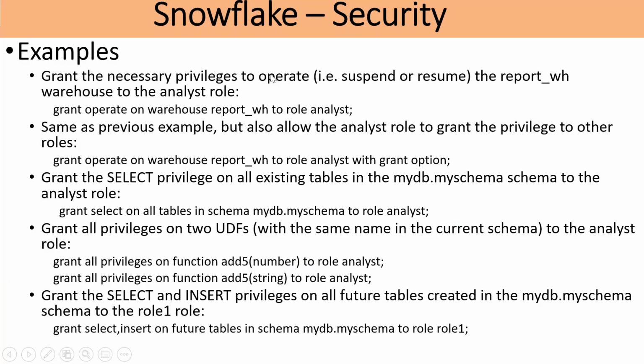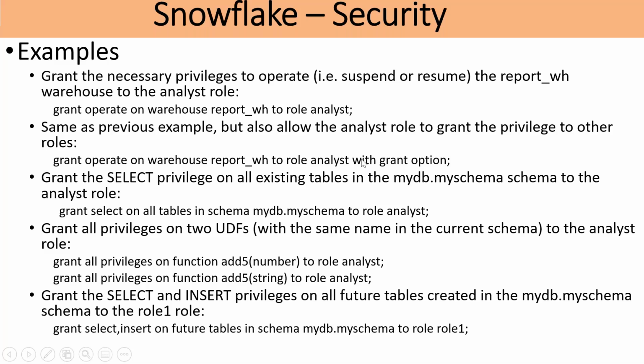If you want to grant privilege on a virtual warehouse to operate, to a role, you grant operate on warehouse, suspend or resume warehouse, report warehouse to the role. But also allow that role to grant the privilege to another role. If they want to grant the same privilege they received to a different role, then you have to give it with grant option.